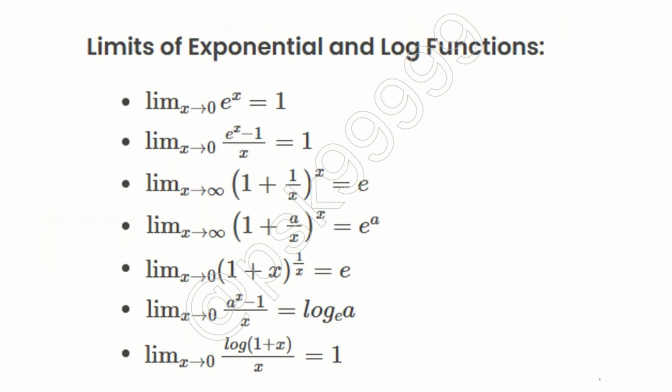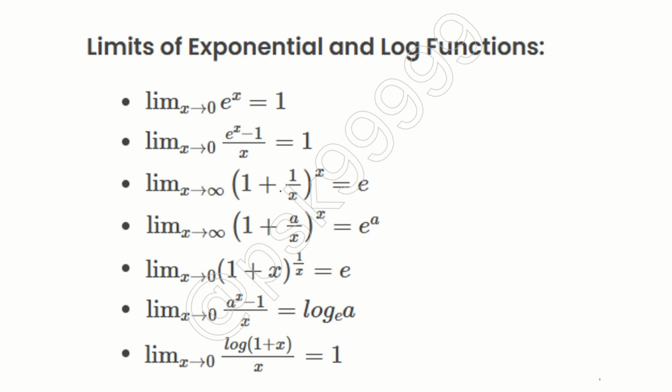And these are the exponential and log function limits. When we go into critical questions, I will explain these things more. So just remember them. Limit x tends to 0, e power x equal to 1, which is straightforward, right? If you substitute, e to the power of 0 is 1. This you have to solve later; let's see how to do this.